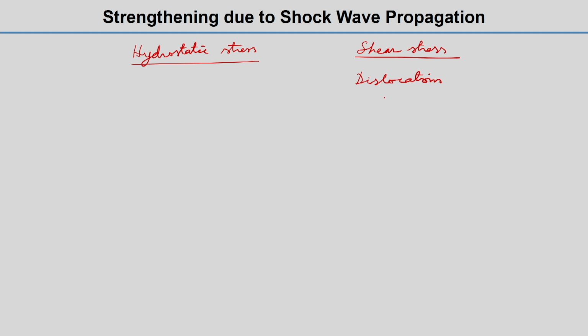So, if you discuss different defects, we will just see the difference between the hydrostatic stress and deviatoric stress, or rather we would write shear stress. We will not give any definition here, all of you know that, but we just want to discuss it in terms of these defects. The shear stress can generate dislocations, point defects, and twinning.